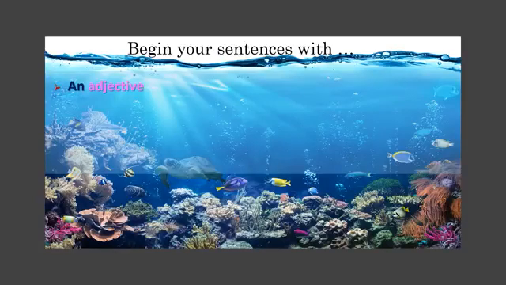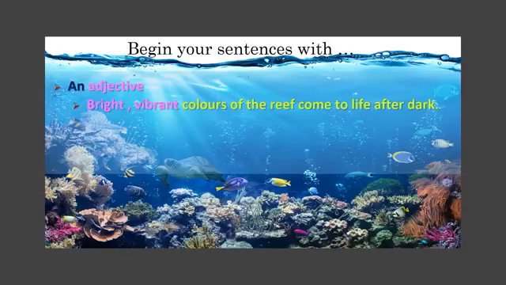And then I think, what adjective will I use to describe these colors? And this is what pops into my mind. Bright, vibrant. And I use this adjective to create a sentence about the reef. Bright and vibrant colors of the reef come to life after dark.